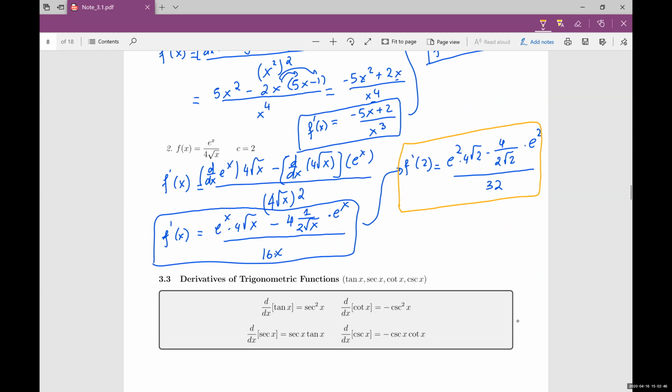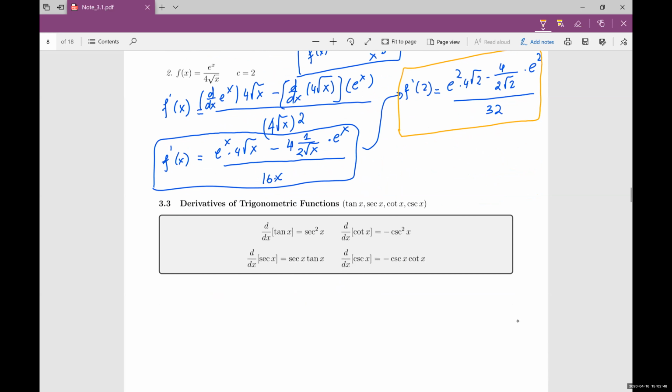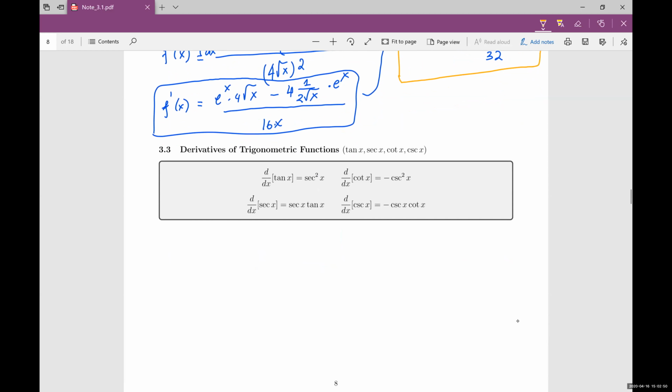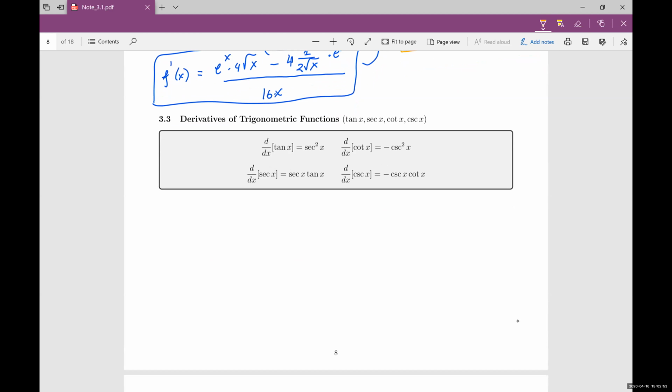All right, once we learn the product rule and the quotient rule, then we can use those two rules in order to find the derivative of some trigonometry functions that are not sine and cosine. For example, if I want to find the derivative of tangent of x, I know that tangent is sine over cosine, right?